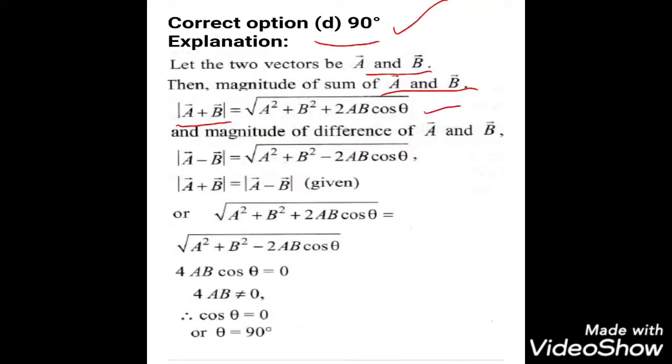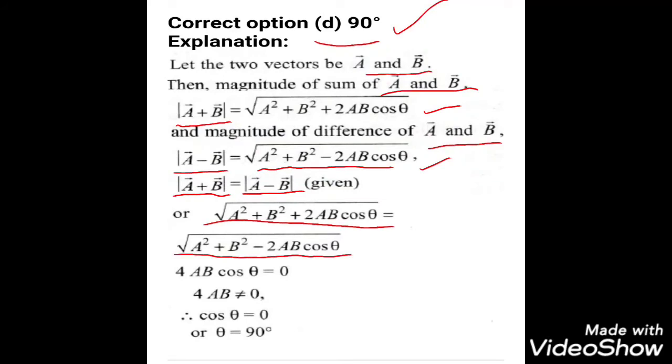Here mod means you are taking the square root. The magnitude of the difference of A and B, that means A minus B, gives A square plus B square minus 2AB cos theta. Since it is a mod value, we take the square root here. So mod A plus B is equal to mod A minus B, as they have given in the problem. That means you are equating these expansions. Both sides have A square plus B square, so they get cancelled.